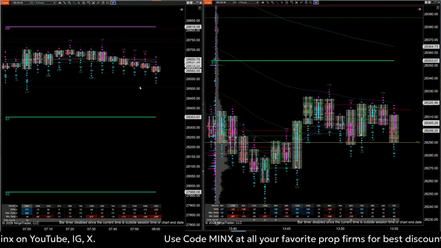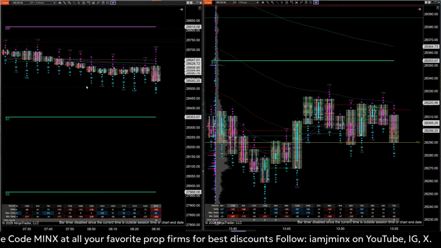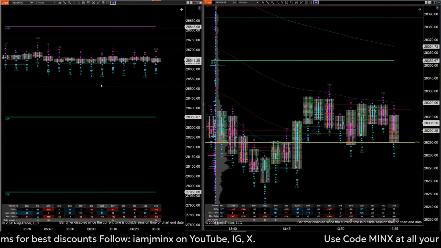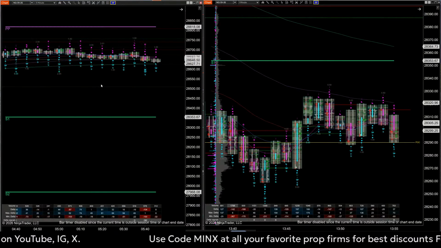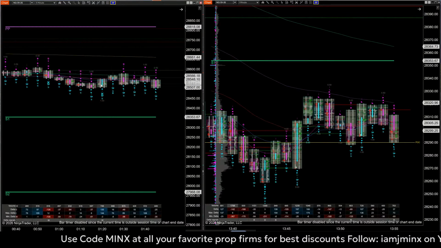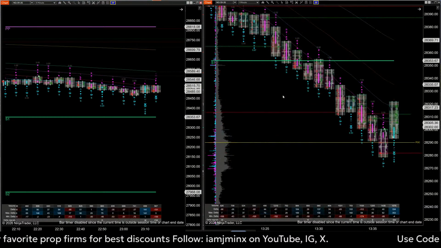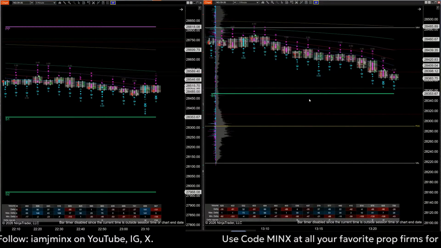I think this is right here. This is an unfinished business. This line here on the 5-minute, but we have not retested that level.